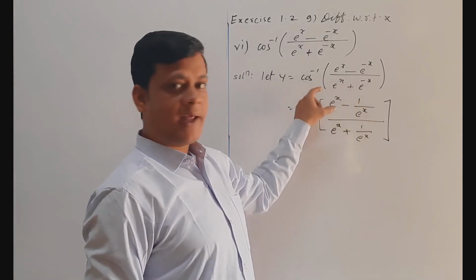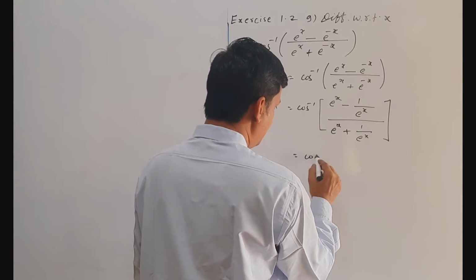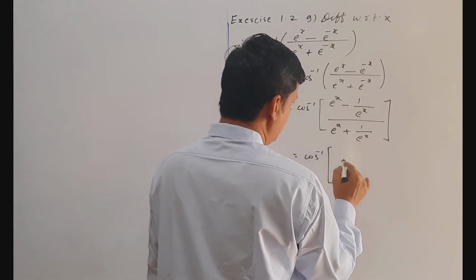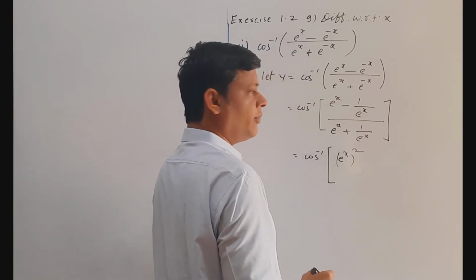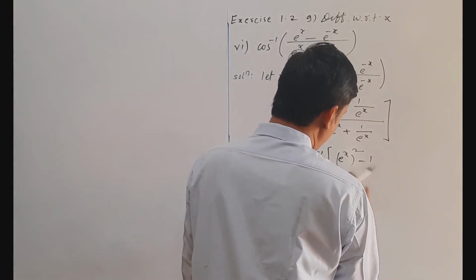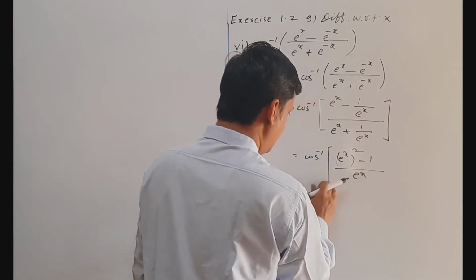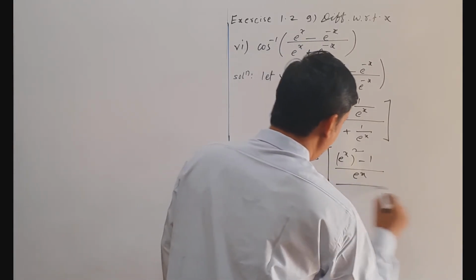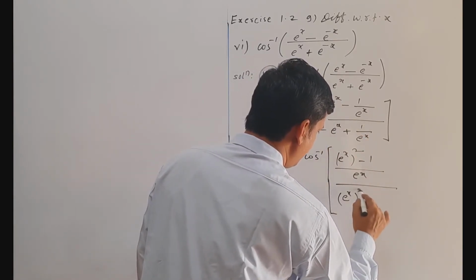Now cross multiply in numerator and cross multiply in denominator. We get here cos inverse of e raised to the power x into e raised to the power x, we get (e raised to the power x) square minus 1 upon e raised to the power x. Similarly for the denominator also we get e raised to the power x into e raised to the power x, we get (e raised to the power x) square.